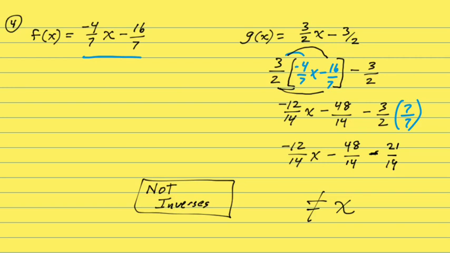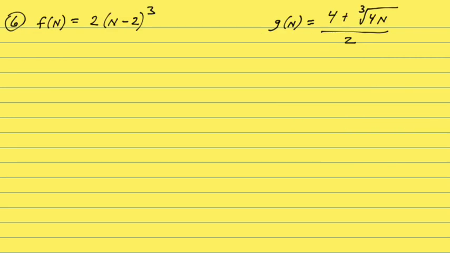Again, if it equals just x, which this one does not, but if they did equal just x, they would be inverses. Look at number 6. I'm going to take one of these and replace the variable. Which one do you want to replace? I'll probably plug it in over here if it's okay.